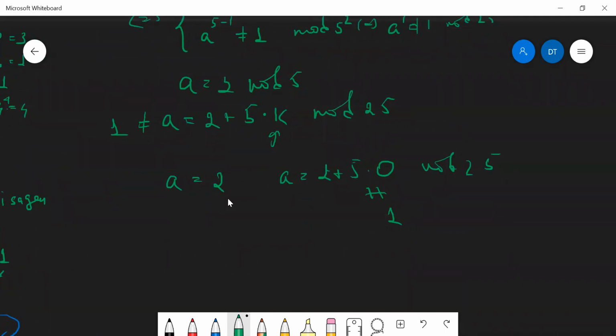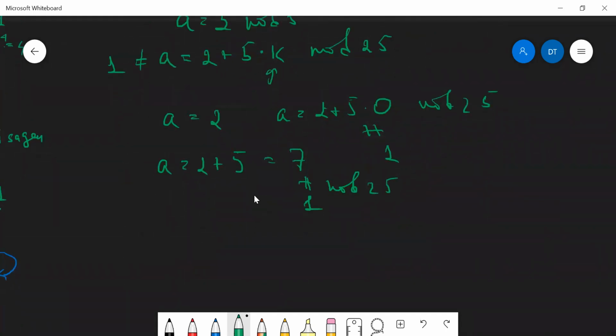And there are a lot of options here. Also you may take A to be 2 plus 5, which is 7. Then A modulo 5 is 2, which is what you want. And 7 modulo 25 is not 1. So it's also a valid option for your generator. And then you go in the same way. 2 plus 5 times 2, which is 12.